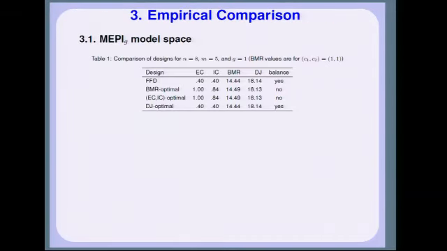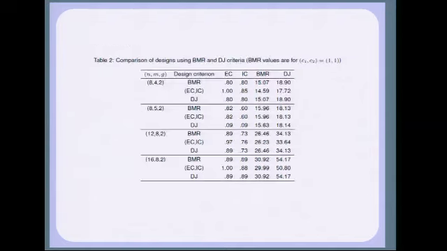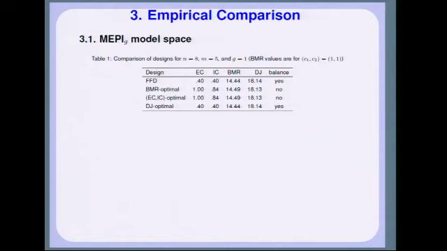The first model space is just a model of M main effects and G 2-factor interactions. A typical case is where M is equal to 5, so we have A, B, C, D, E, and then we have 1 G, that means 1 2-factor interaction.